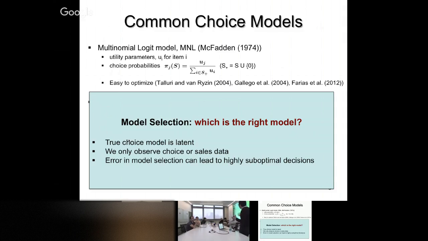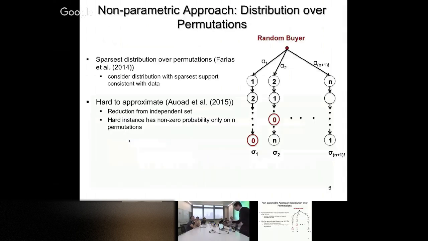So we started out with a very non-parametric approach, which is thinking about the maximum entropy distribution over permutations. Okay. And it turned out that Mallows is a very special case of max entropy distribution, and that had not been addressed in the literature, and that's how this work really started.